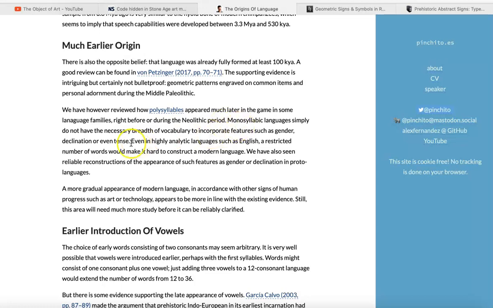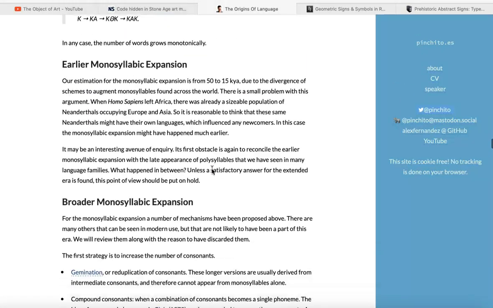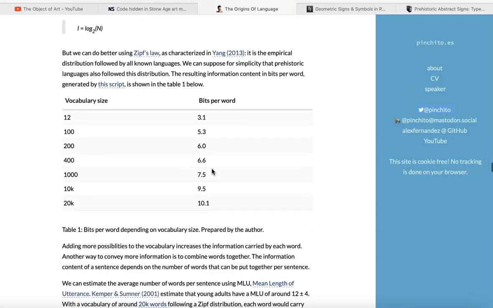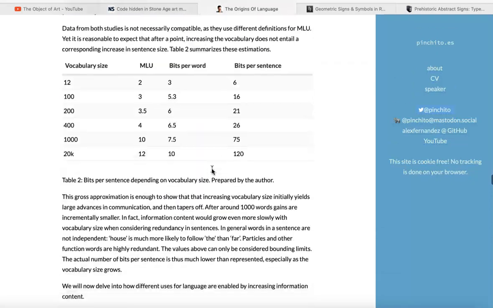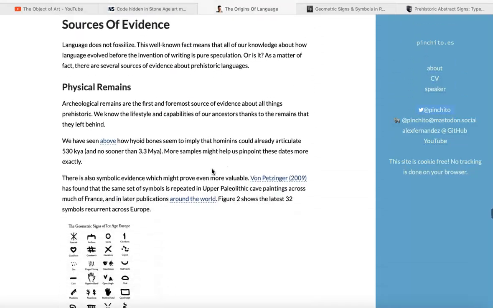Monosyllabic languages simply do not have the necessary breadth of vocabulary to incorporate features such as gender, declination, or even tense. Okay, we're not interested in this right now. But this is an interesting article. I do remember reading it a while ago, and I wanted to provide it for you if you would like to read it.